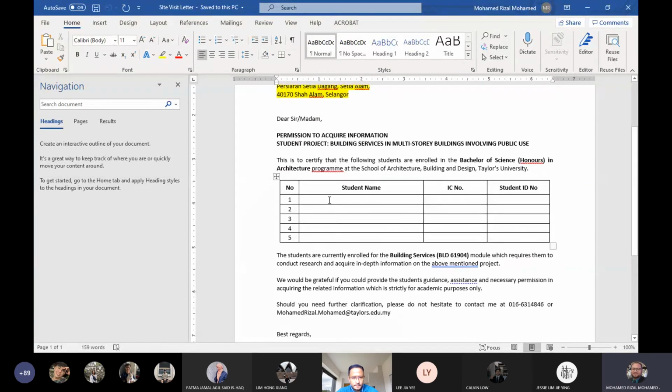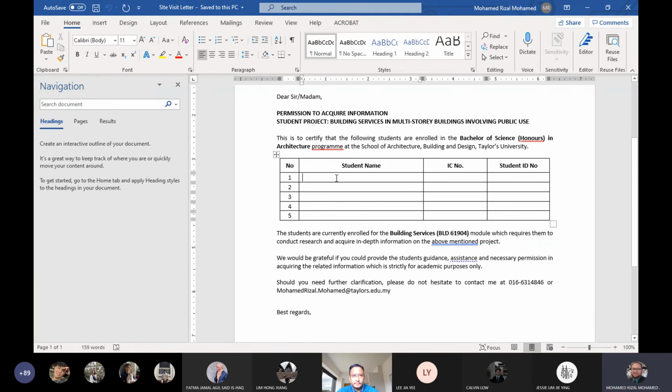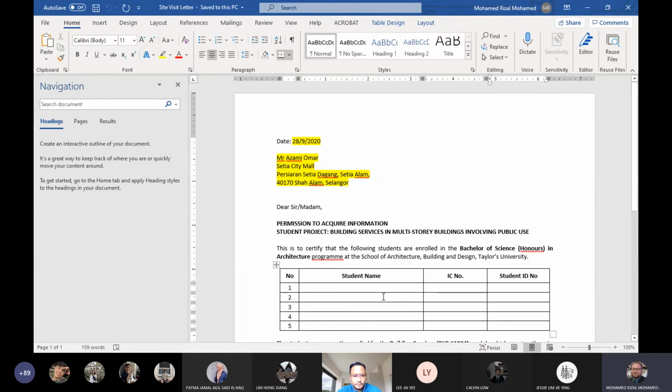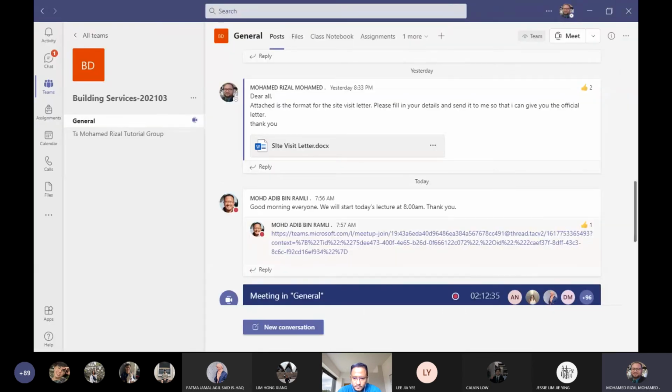Then fill in your name, the names of your group members, IC numbers, and student IDs.